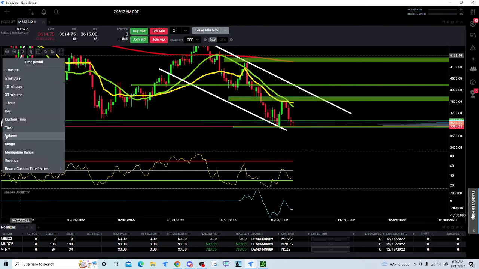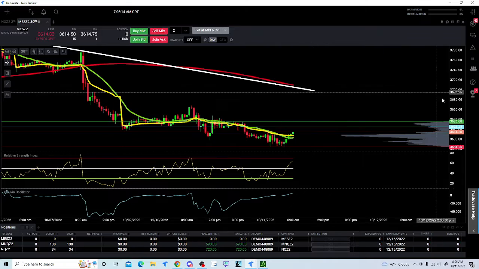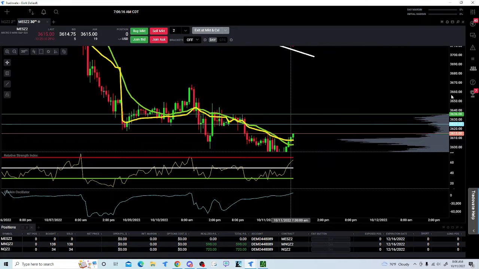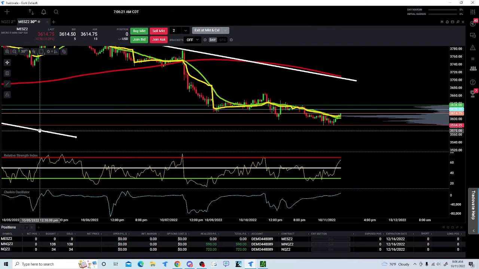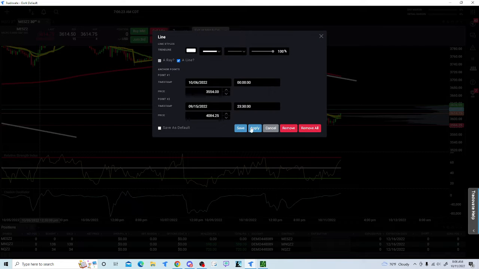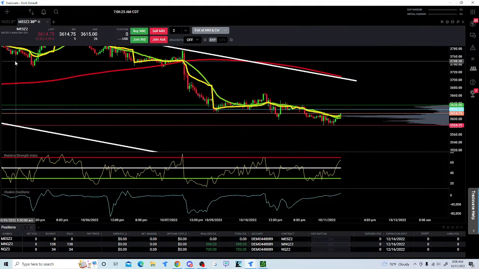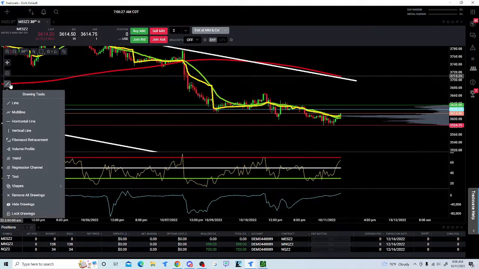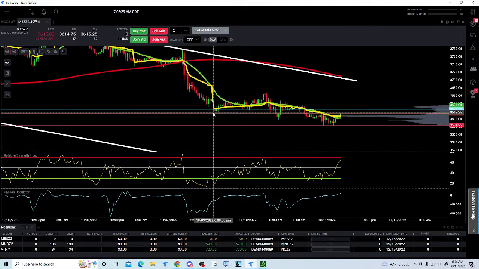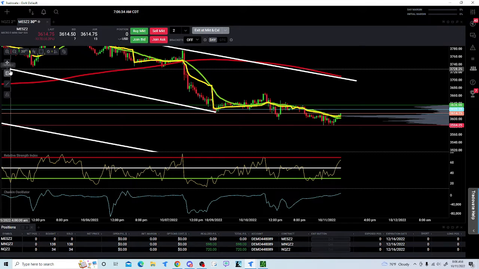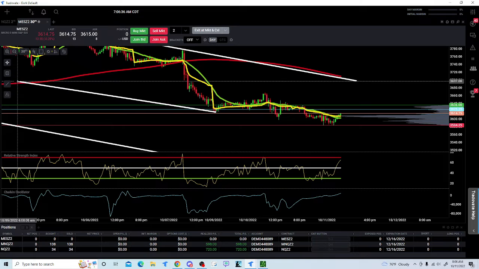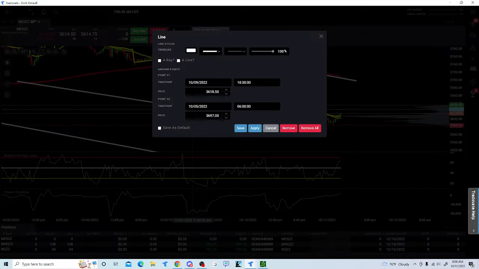Now let's drop down to that 30-minute time frame and see what else we got going on here. Let's get this A line on there. Now let's get another trend line going here, and we'll just kind of make it like that.